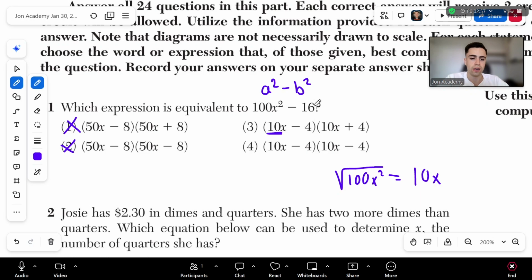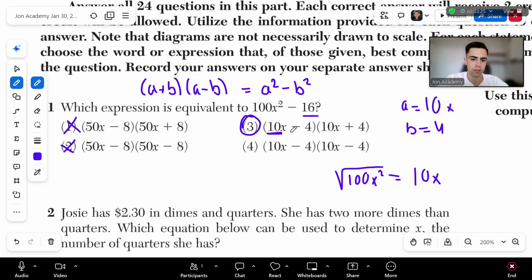Now b squared is 16, so b is 4. We can say that a plus b times a minus b is equal to a squared minus b squared. Therefore, we are going to take option number 3, a minus b times a plus b.